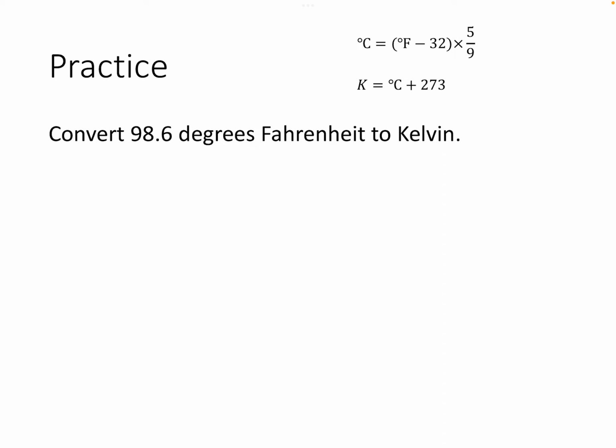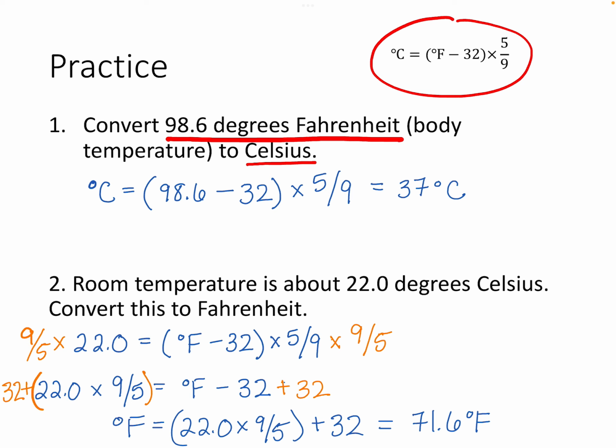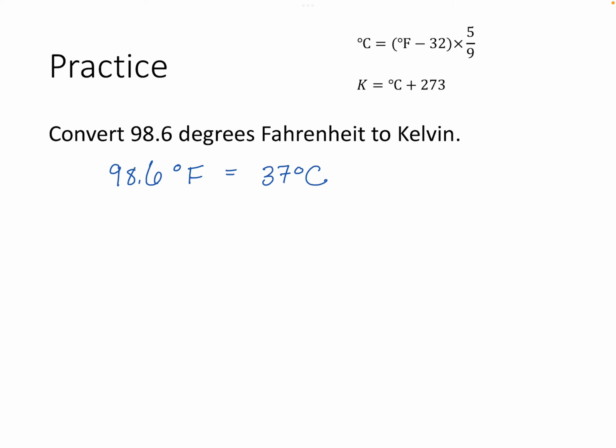All right, so on the last slide, we already saw that 98.6 degrees Fahrenheit is equal to 37 degrees Celsius. So we already did that calculation on number 1 on the last slide.